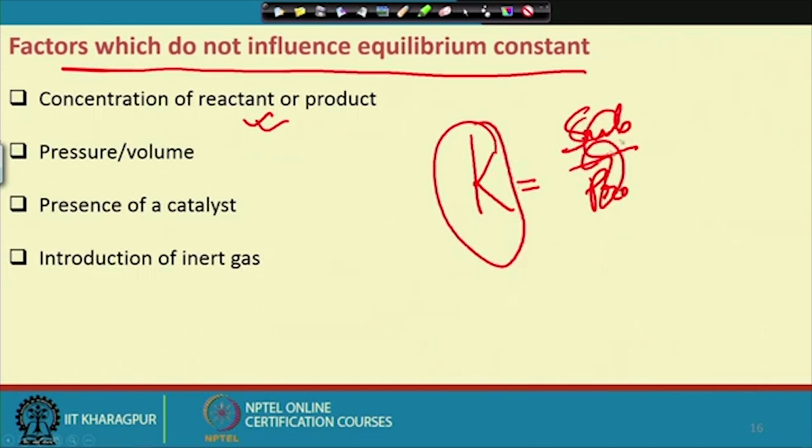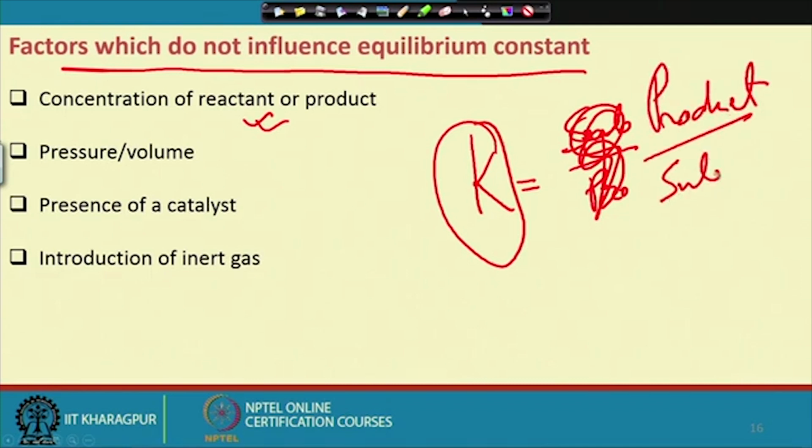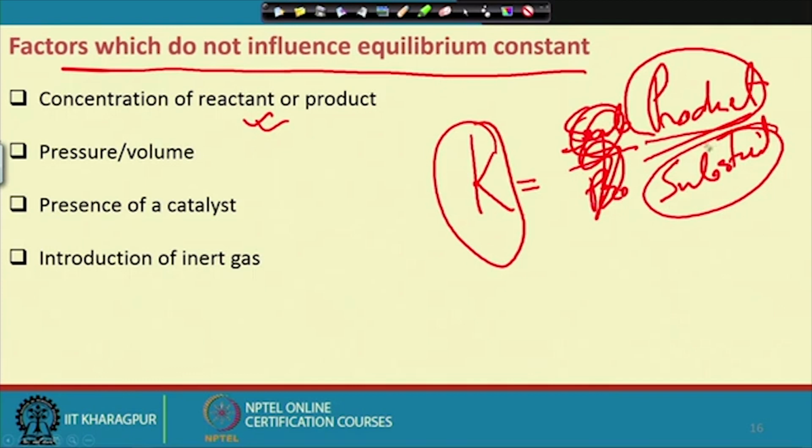Okay, I wrote this wrongly, this should be product by substrate. As the product concentration increases, the substrate concentration should increase, so that K remains constant.